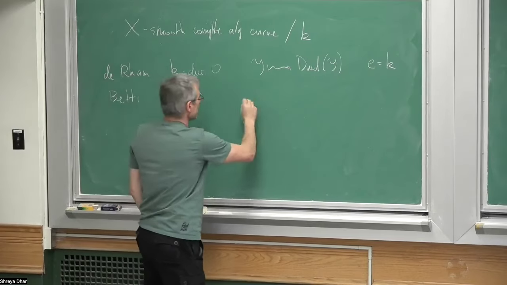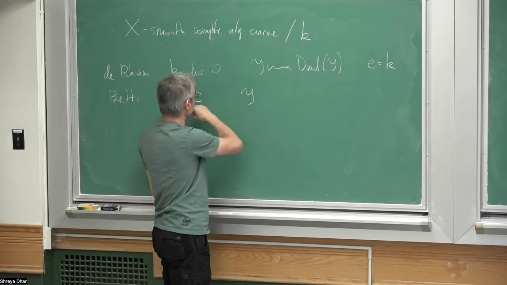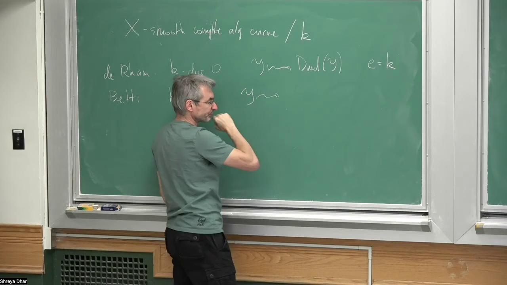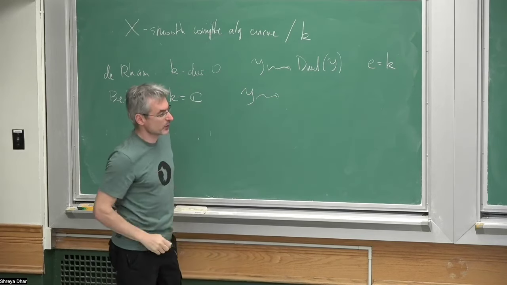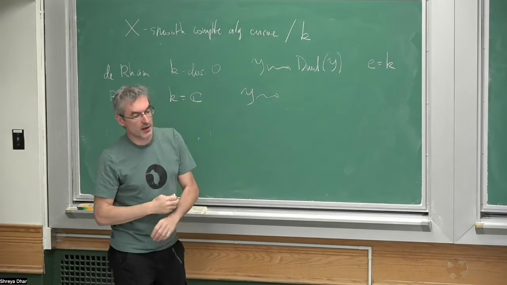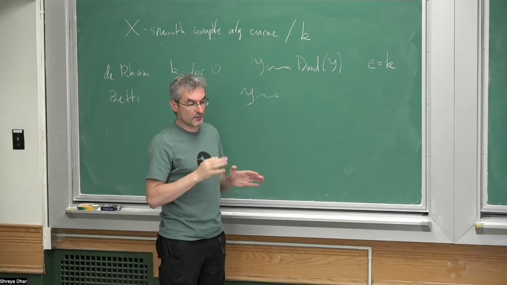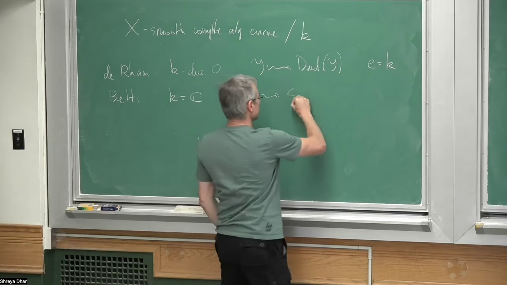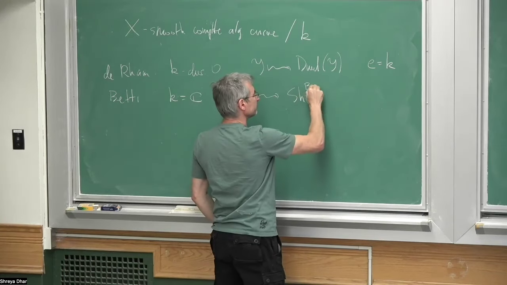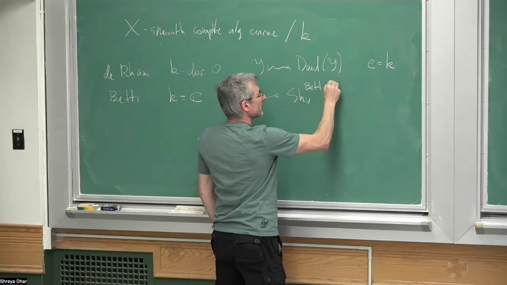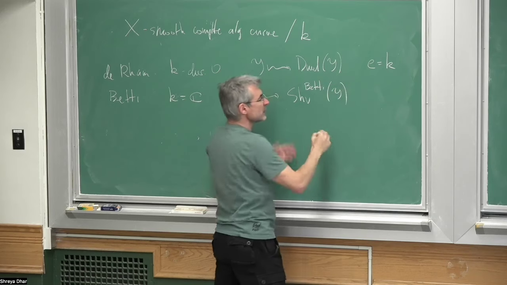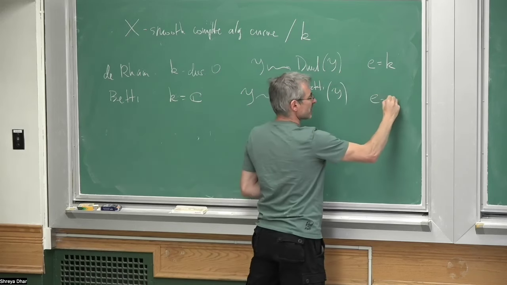and to an arbitrary scheme Y over C, you can attach the underlying topological space, and on it you can consider the category of sheaves of vector spaces over an arbitrary field E. So let me write sheaves Betti on Y with E coefficients. Here E is arbitrary.